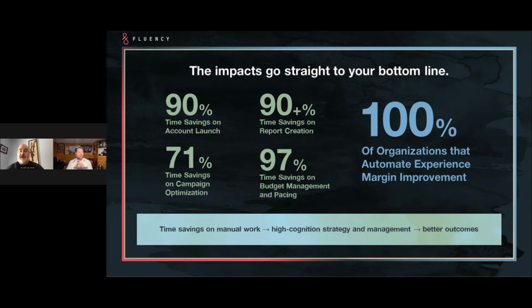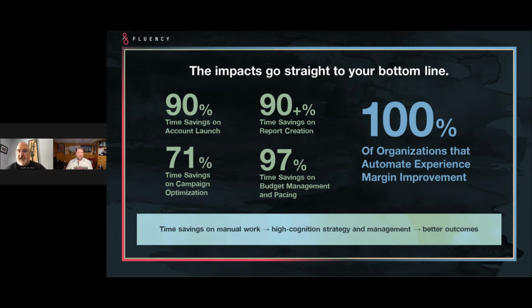So we see massive increases in a number of areas when it comes to labor savings. And for me, one of the coolest things is when you give advertising professionals a little bit of time back in their day, they actually do what they're great at.